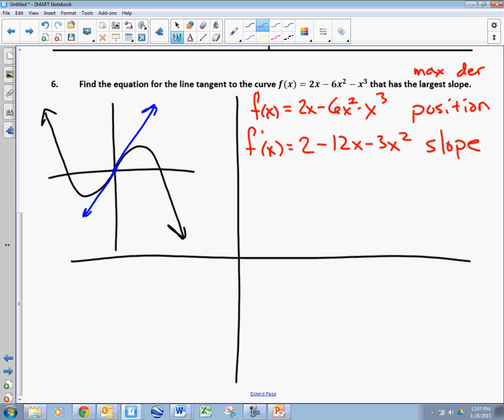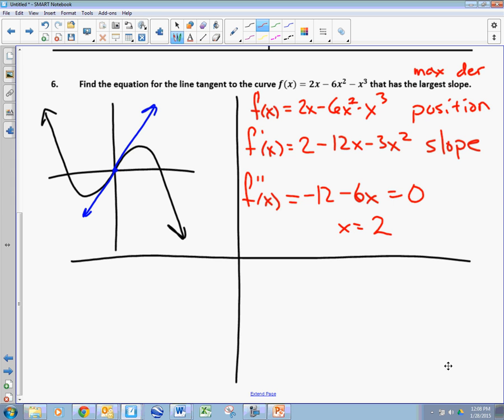And in order to maximize a derivative, what we do is we take a second derivative, okay? So derivative of a derivative. So second derivative is, you guys said also, that's where the inflection point happens. Negative 12 minus 6x, set that equal to 0, x is equal to 2.